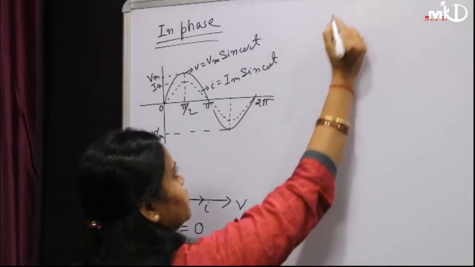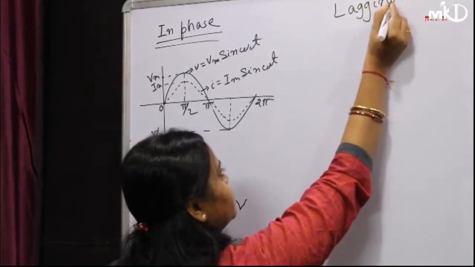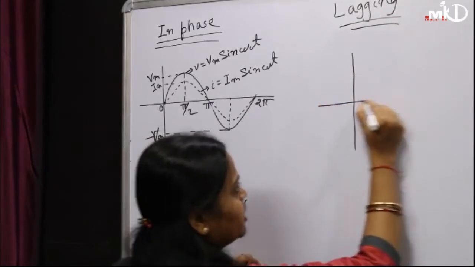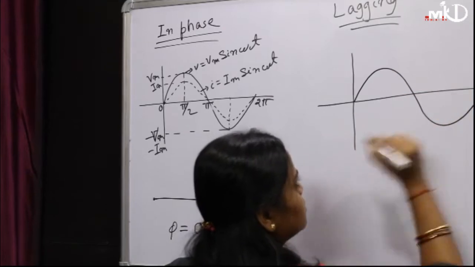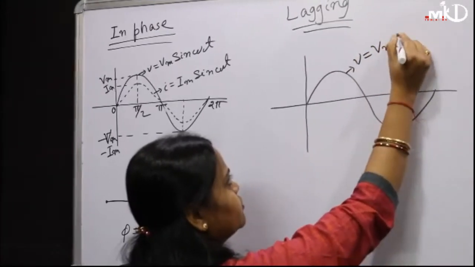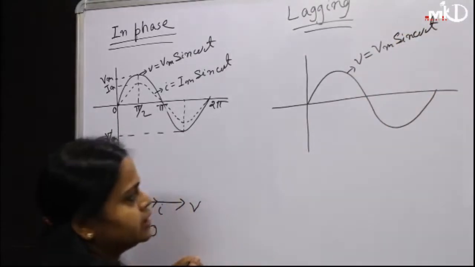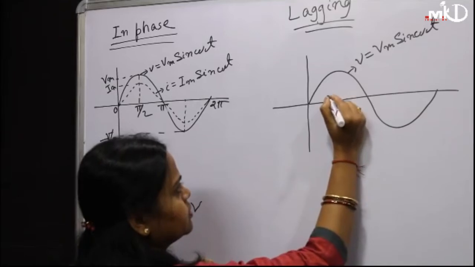Then the lagging case. Lagging means, if I again take voltage as the reference, this is V, a sine wave, so V is equal to Vm sin omega t. Then I start I, suppose at this point.